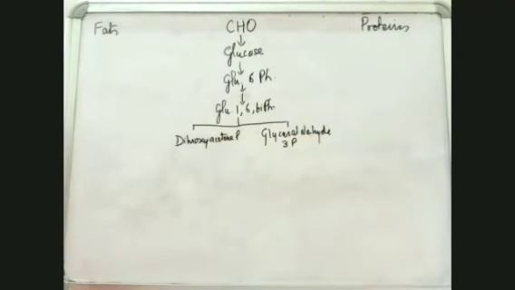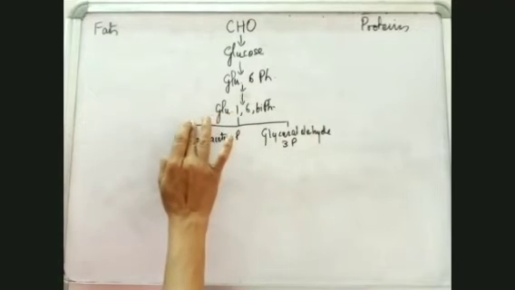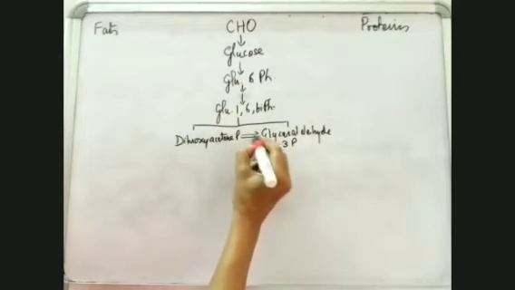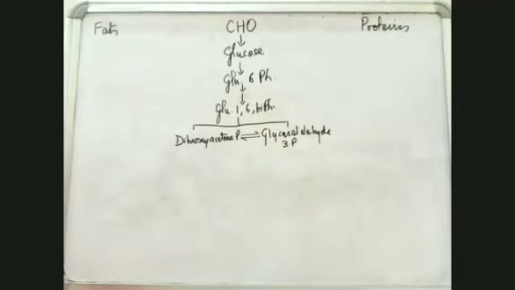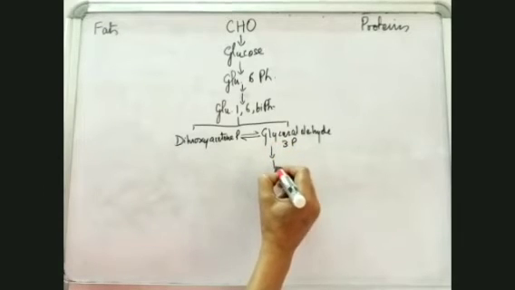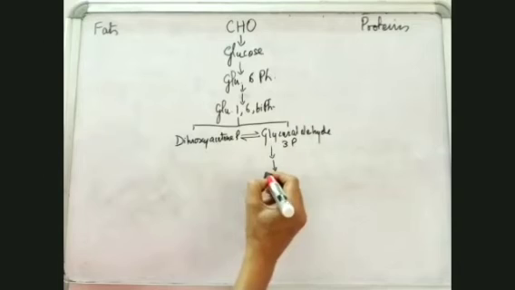Both are 3 carbon compounds. Here splitting took place. After many steps, finally we got pyruvic acid.